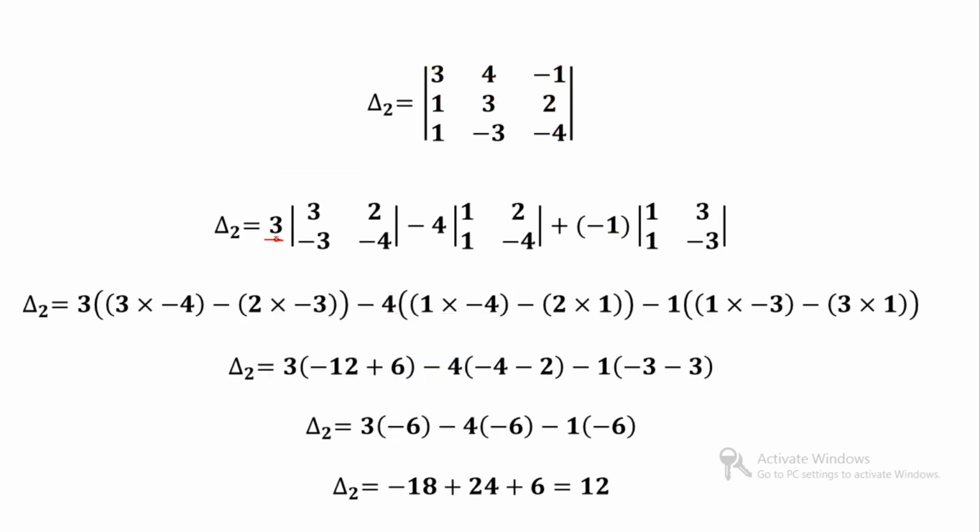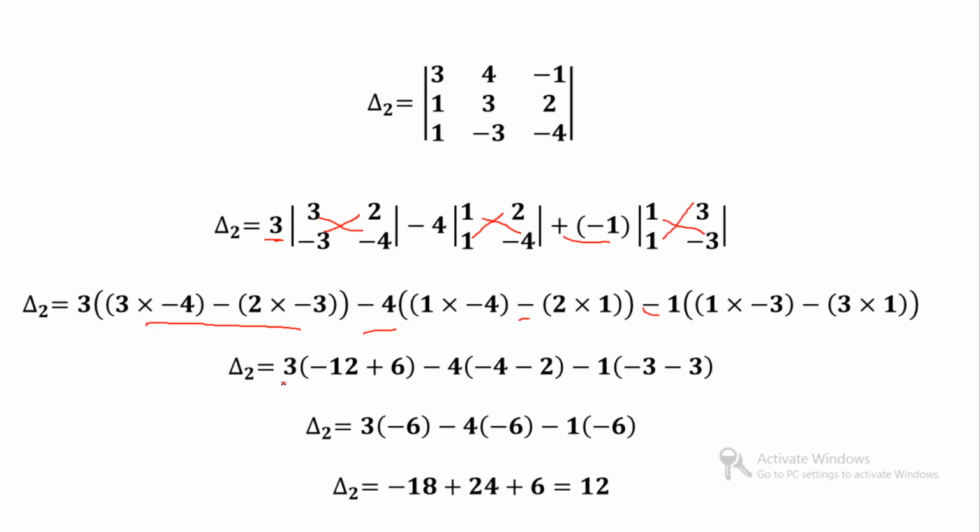Again simplify this, so 3 as it is, multiply the diagonal elements, 3 into minus 4, minus 3 into 2, again minus 4 as it is, multiply the diagonal elements, 1 into minus 4, 1 into 2, minus sign, plus minus minus, multiply the diagonal elements, 1 into minus 3, 1 into 3.